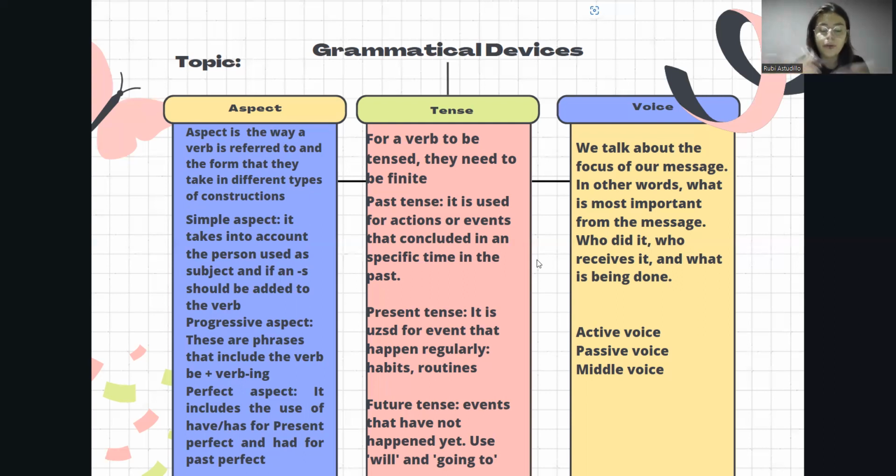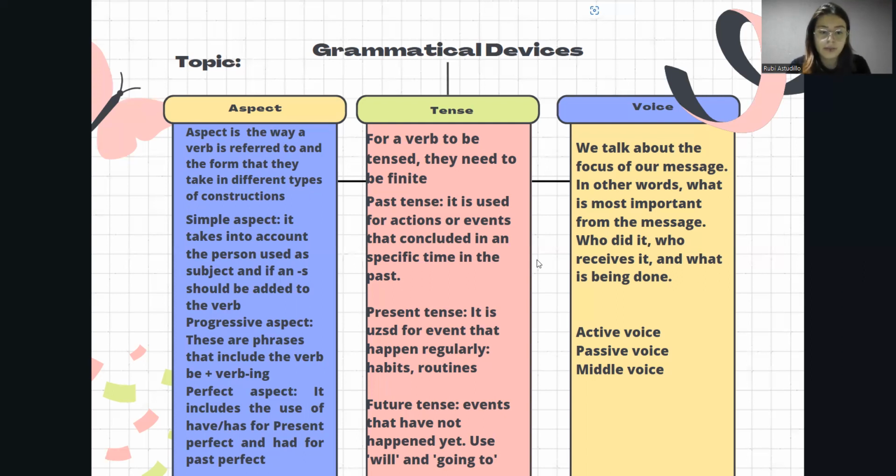As you can see, we have the basic structure, which is subject, verb to be, plus verb and ing. Ing can be added to all the verbs. We have going, walking, jumping, sleeping, writing, all the verbs.